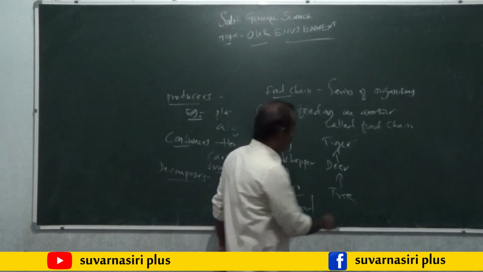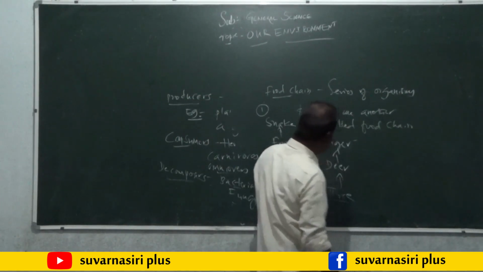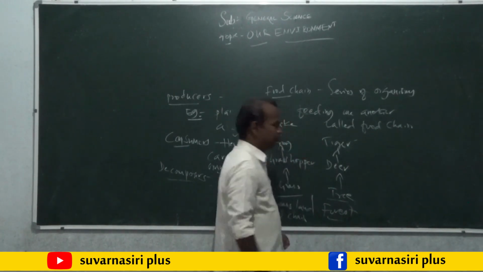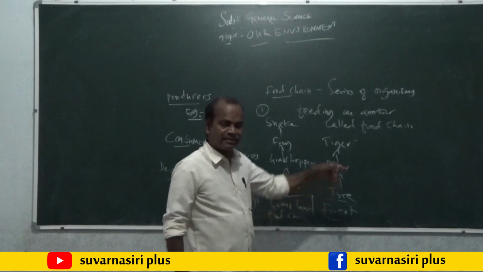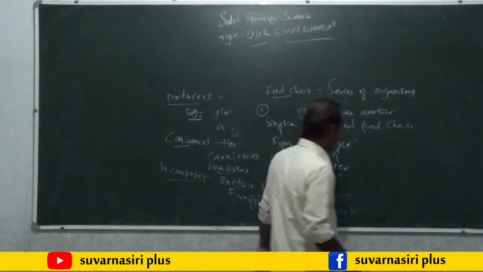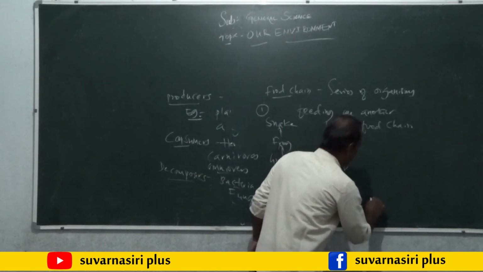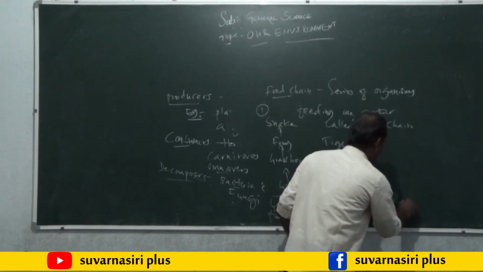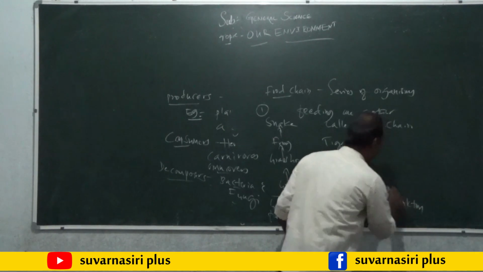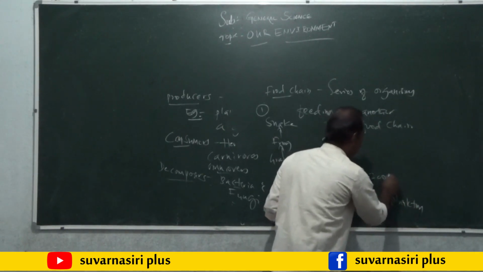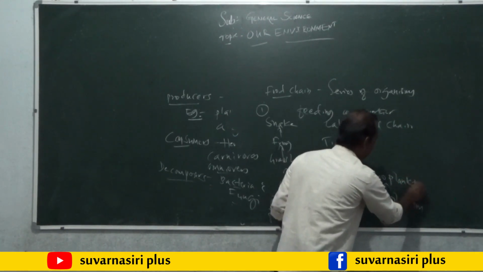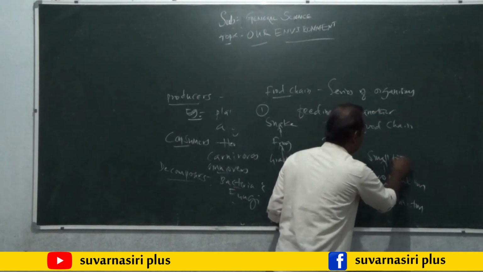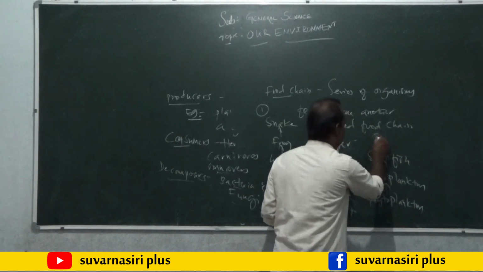And the third type of food chain exists in the water or aquatic medium, that is phytoplankton, zooplankton, small fish, and big fish.